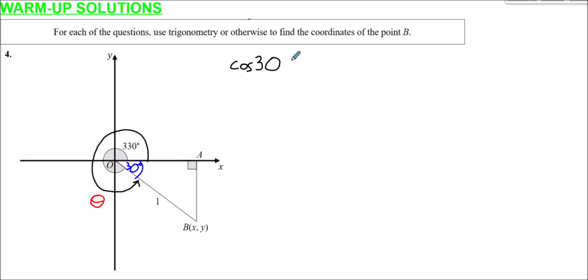The cosine is the adjacent side, which is from O to A, divided by the hypotenuse, which once again is 1. So therefore OA is just simply cos 30, and you might remember what cos 30 was from question 1. If not, use your calculator. Cos 30 is root 3 over 2.